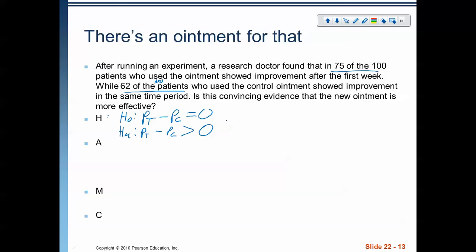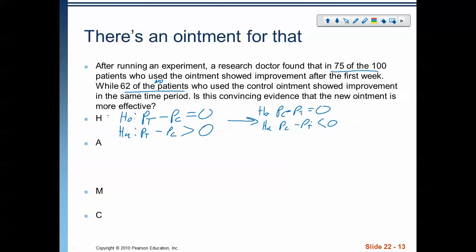Now, I want to point out that there is an alternative set of hypotheses that we could do here. We could do P of C minus P of T, and then for the null, equals 0. And then for the alternative, P of C minus P of T, but instead of using a greater than, use a less than, because we're saying that the control is a smaller number than 0.